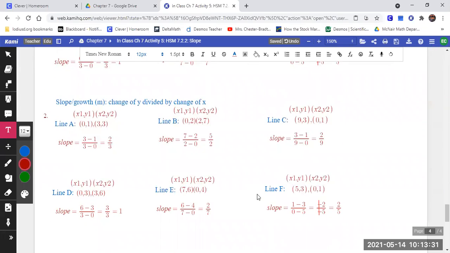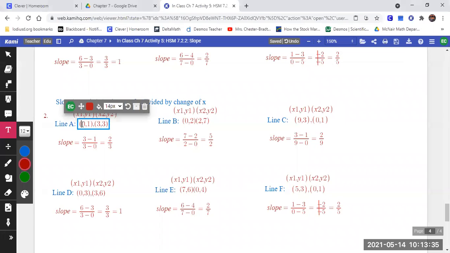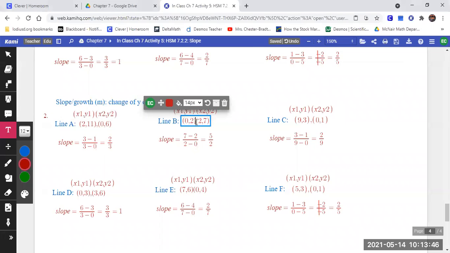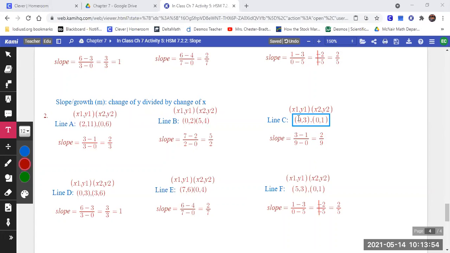So for A, we said 2, 11 and 0, 6. For B, we said 0, 2 and 5, 4. For C, we said 10, 1 and 0, 1.